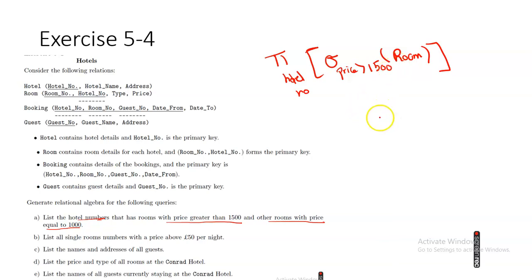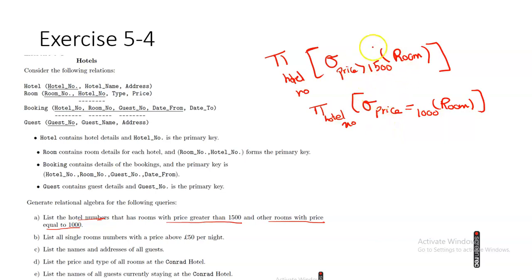So we need to get the rows with price equals to 1000. We can select price equals to 1000 from room and get the hotel number.